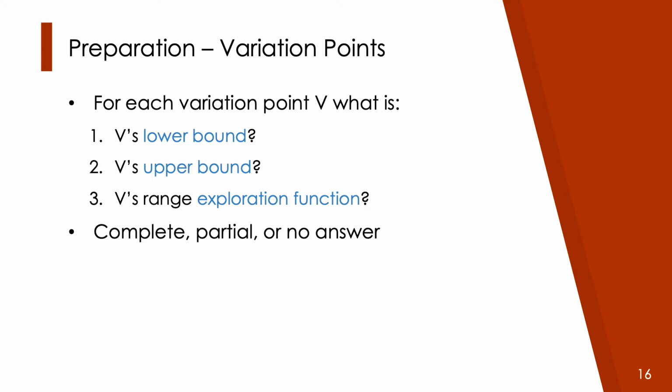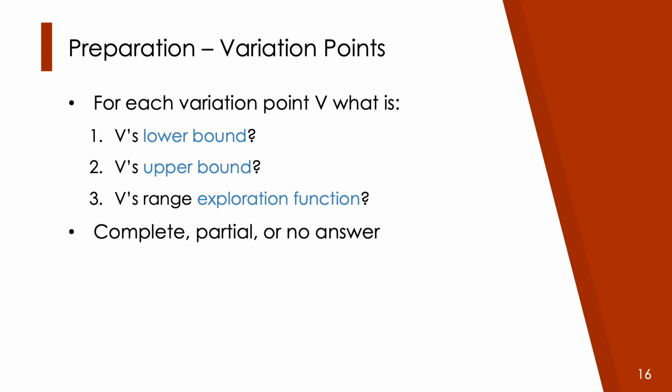Something I want to point out here is that these answers could be complete, partial, or architects could say that, I have no idea what the lower bound and upper bound for this specific variation point is. Just try to rely on eQual to explore as many options as possible, and then come back with an answer that helps them decide.